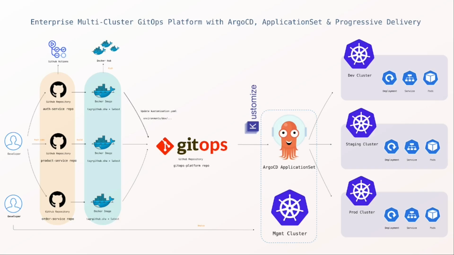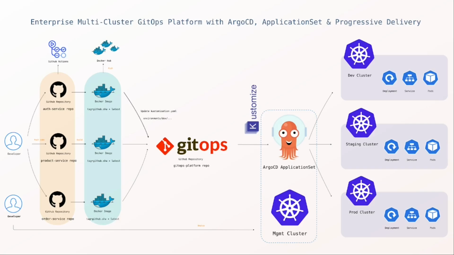Its responsibility is to continuously watch the Git repository and orchestrate deployment across all target clusters. Below the control plane are multiple Kubernetes clusters, typically separated by environment: development, staging, and production.